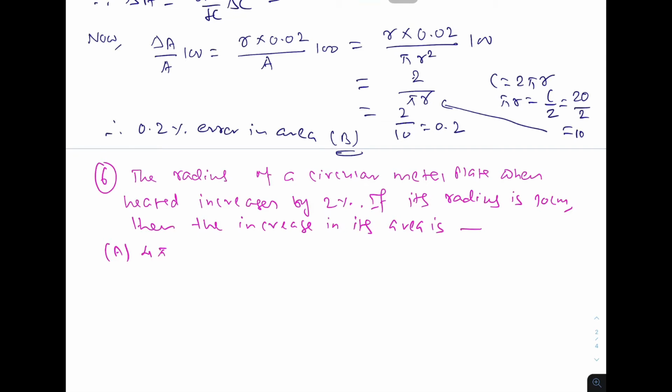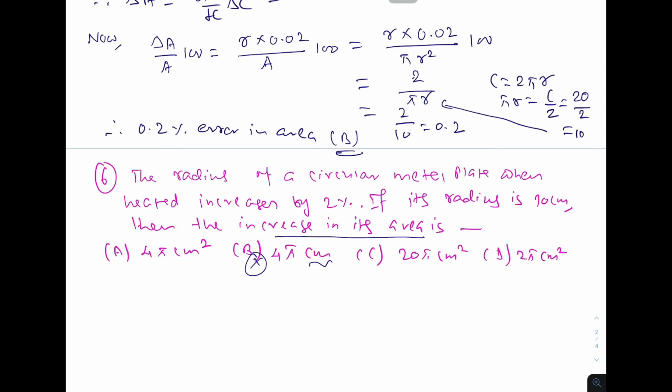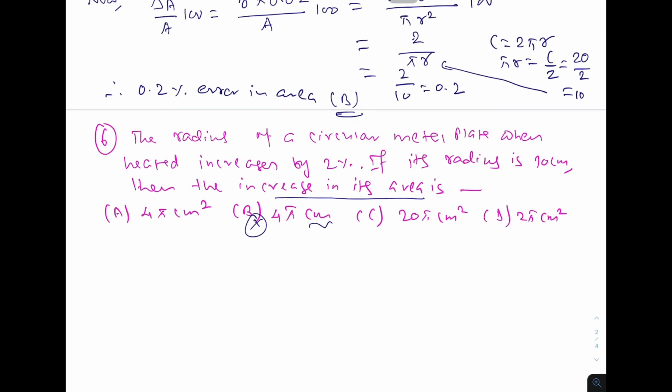Options are 4 pi centimeter square, 4 pi centimeter, 20 pi centimeter square, and 2 pi centimeter square. Now see, we want to find increase in its area, so this centimeter unit naturally will not be there as the answer, so certain things you need to see very quickly.